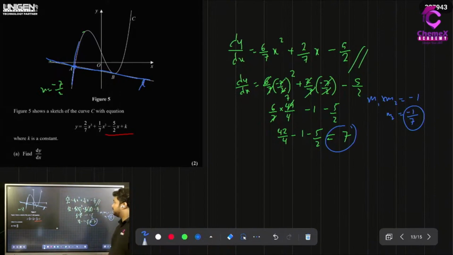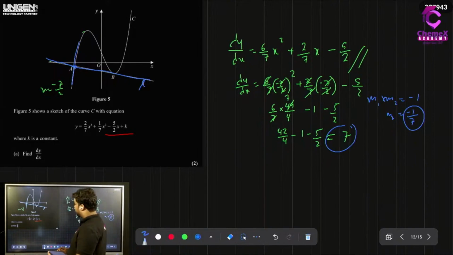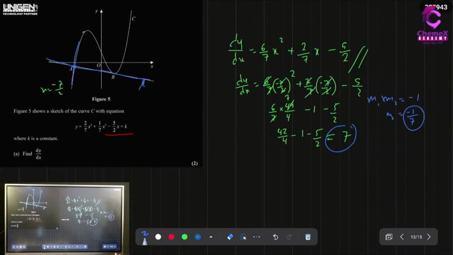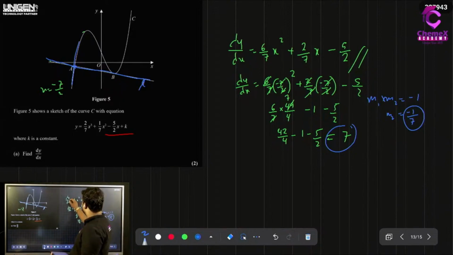So how do you now proceed? Since you know the gradient, I can equate it to dy over dx and find k, right? Okay, so since I know it's minus 1 over 7, I can put it into where? And find x.